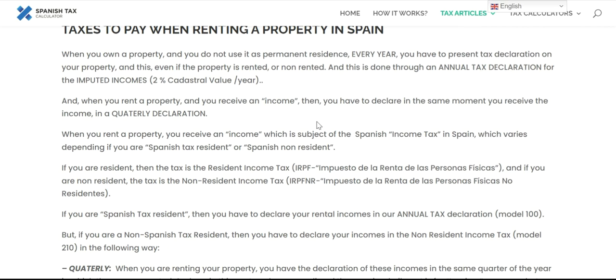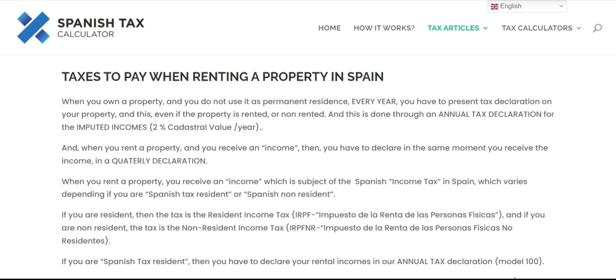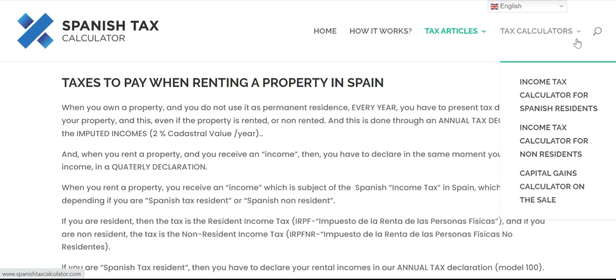The way in which to declare this income, or the income tax to pay, will depend on your personal situation in Spain, depending on whether you are a Spanish tax resident or a Spanish tax non-resident. Here on our site, we have considered several calculators that will help you in both cases, to play with the different scenarios of your income generated by taxes in Spain.